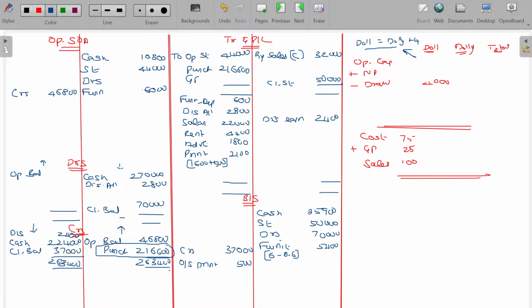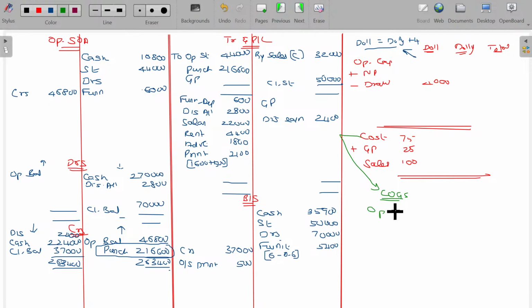Now, if I get the GP, all the accounts may be closed comfortably. Cost, GP, sales is there. What is this cost? This cost is nothing but cost of goods sold.